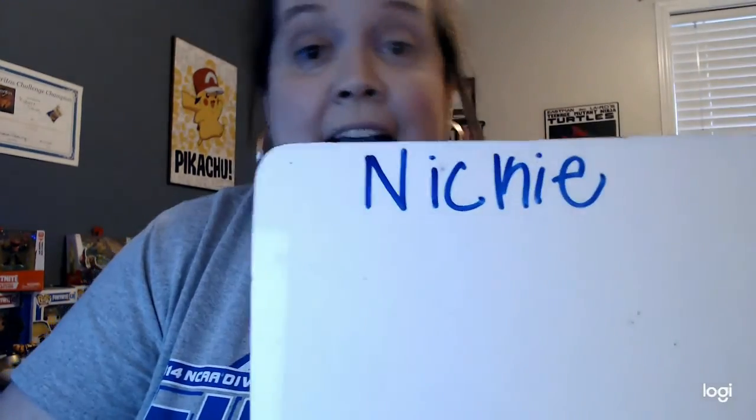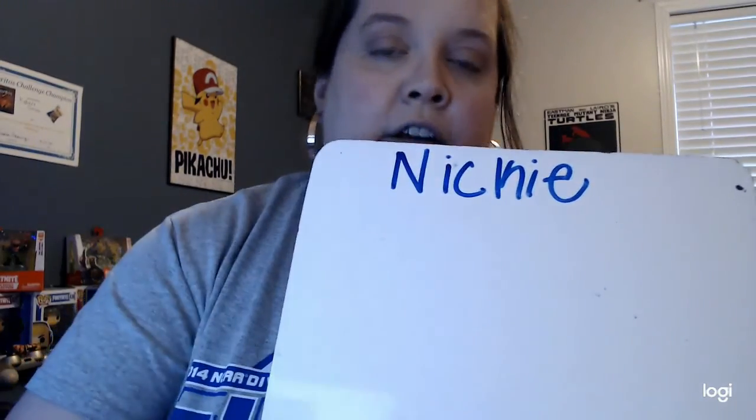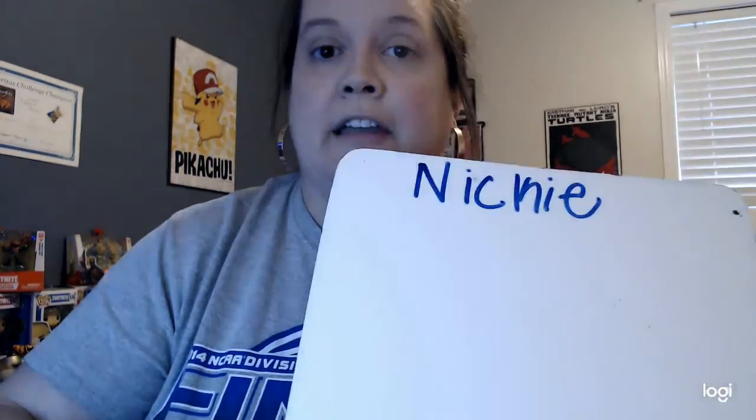Once you've done that, I decided to write mine out so I could easily go back and forth and use it as many times as I needed to. After I did that, I'm now going to take my name and assign a value to it. I'm going to use my first name, which is Nikki, and assign each letter a value based on that code I created.